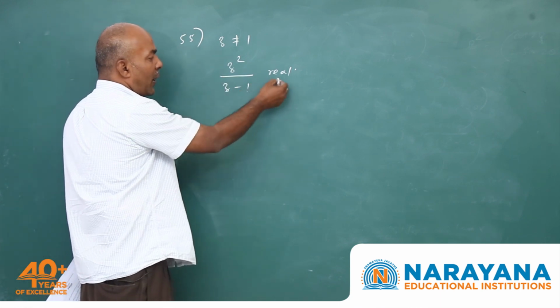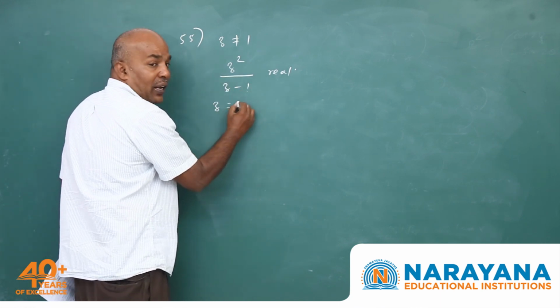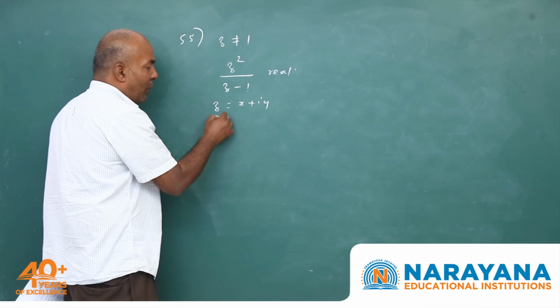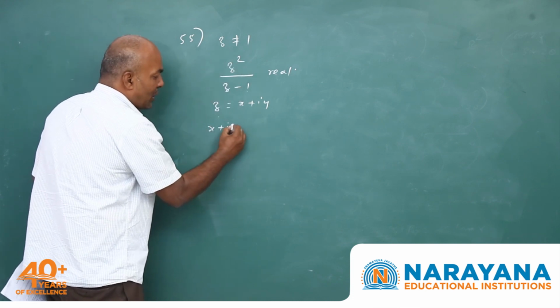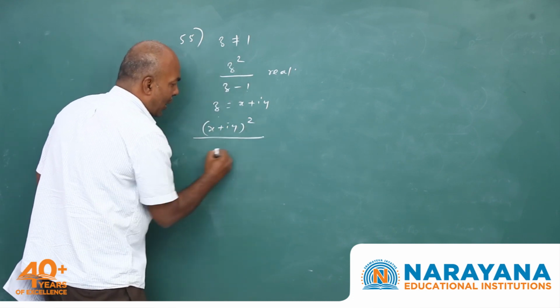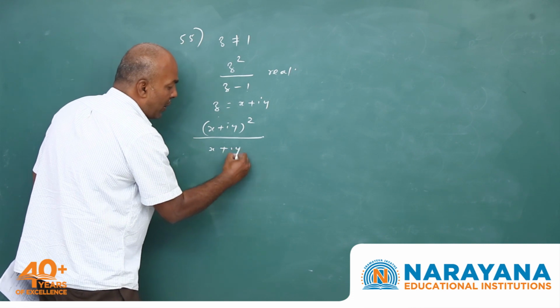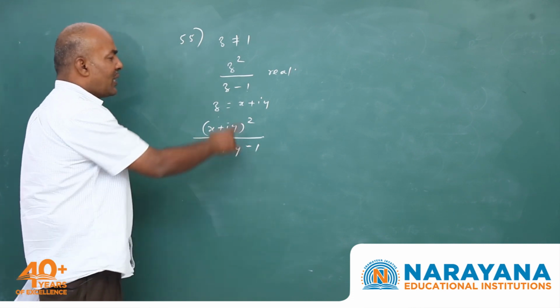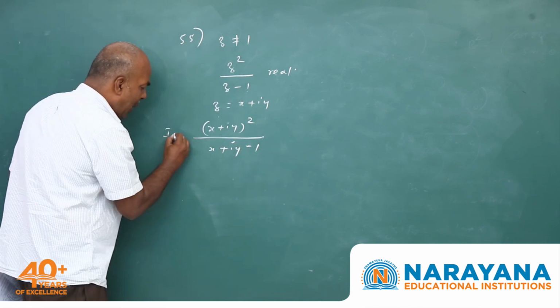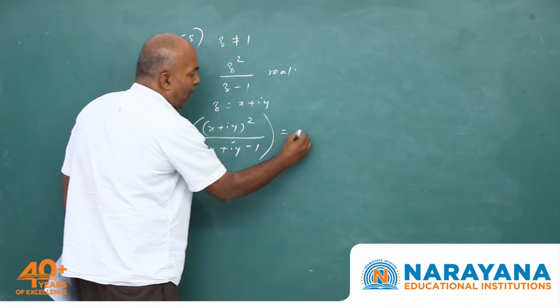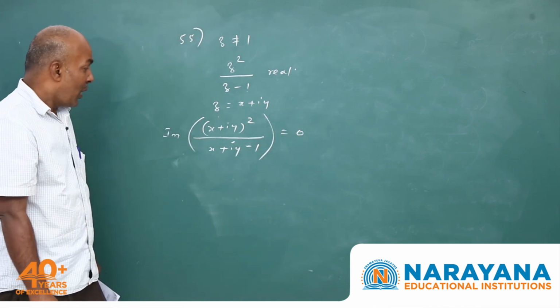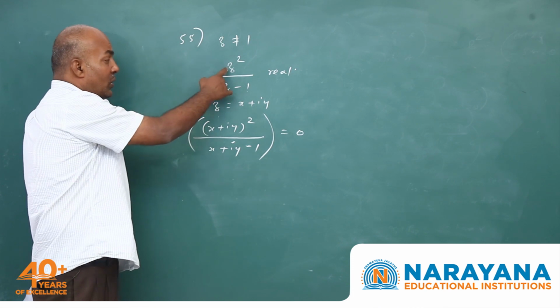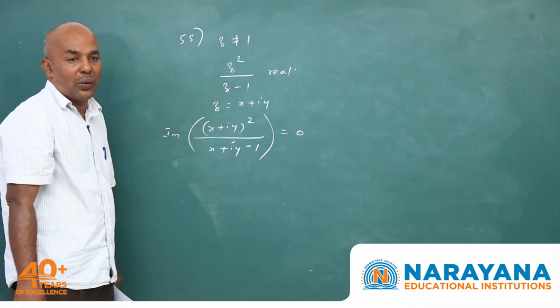This is purely real. Let me take z equal to x plus iy. Now I will substitute, that is x plus iy whole square by x plus iy minus 1. Since it is purely real, the imaginary part of this should be equal to 0. Imaginary part of z square by z minus 1 should be 0.